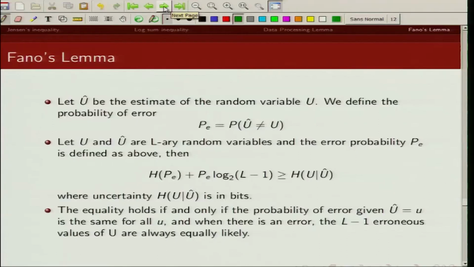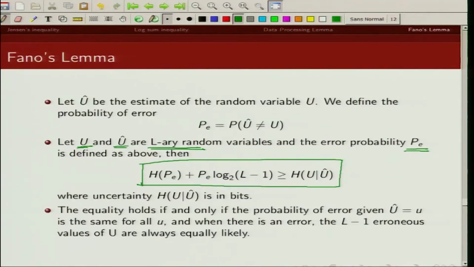Now what Fano's lemma says is as follows: if u and u hat are L-ary random variables and the probability of error is given by P sub e, then this relation holds. The binary entropy function of P_e, plus P_e log of L minus 1, is greater than or equal to uncertainty in u given u hat.